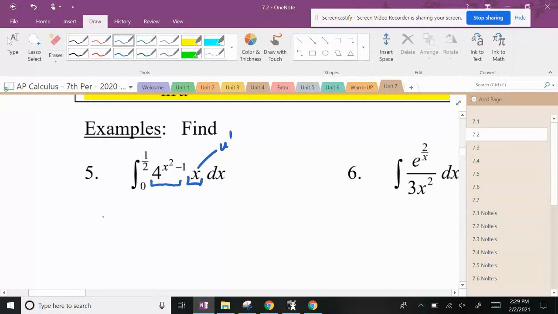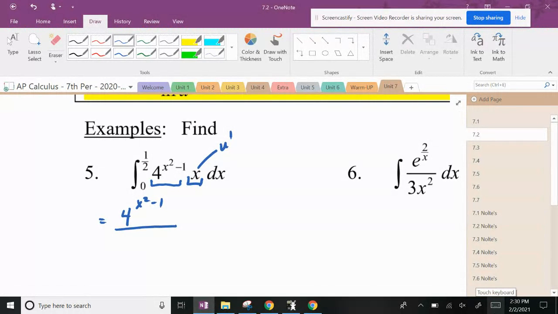So if I integrate, I start with my 4 to the x squared minus 1. Then what would I do? Close, not multiply, divide, because we're undoing the derivative. When we derived, we multiplied, but when we integrate, we divide by it.